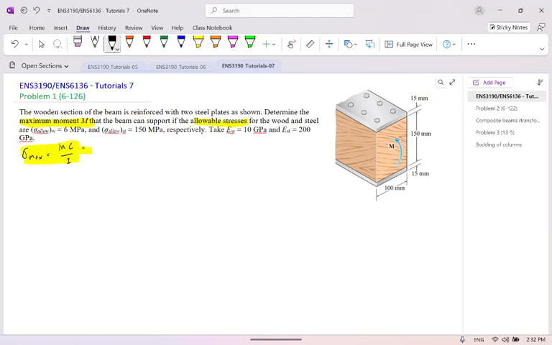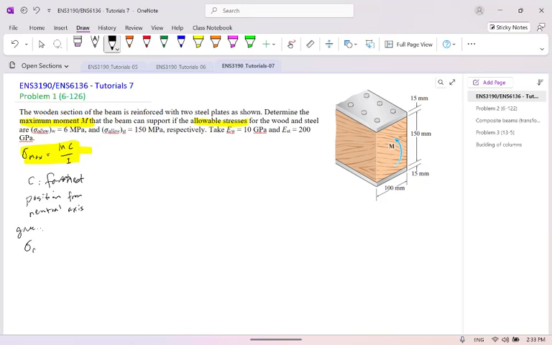C is the farthest position from the neutral axis. This is from the previous knowledge.